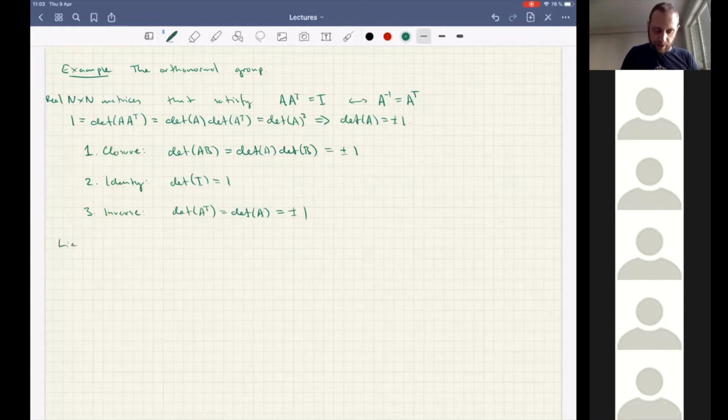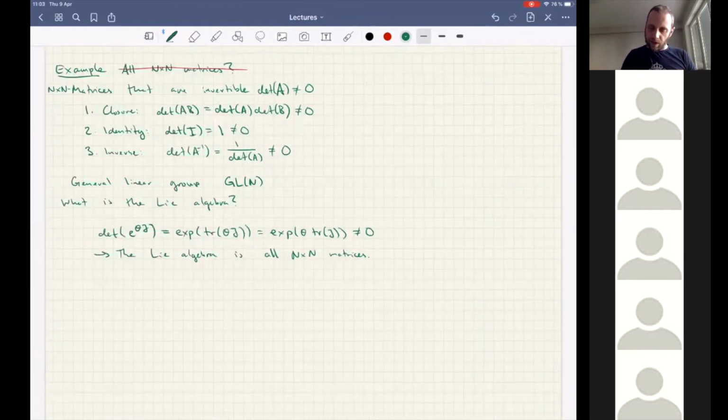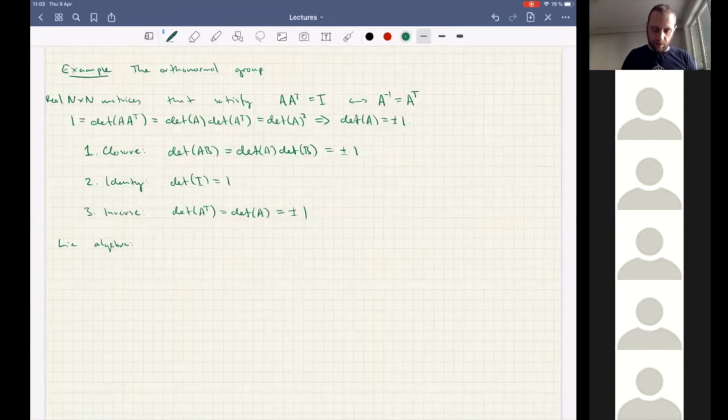And we can look at the Lie algebra, which is, again, if we go back to the argument that we had here, this relation. If we do this for the orthonormal group, then the determinant of e to the theta J, which is the exponent of theta trace J, should be equal to 1.